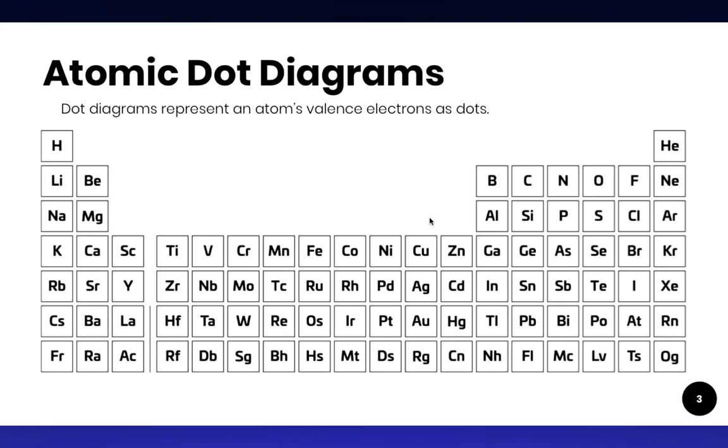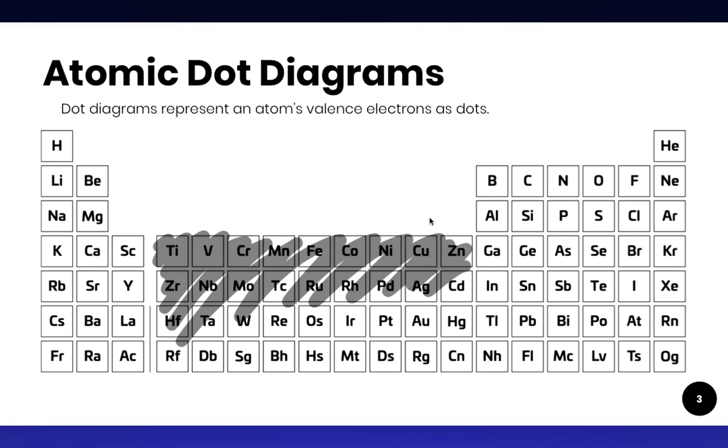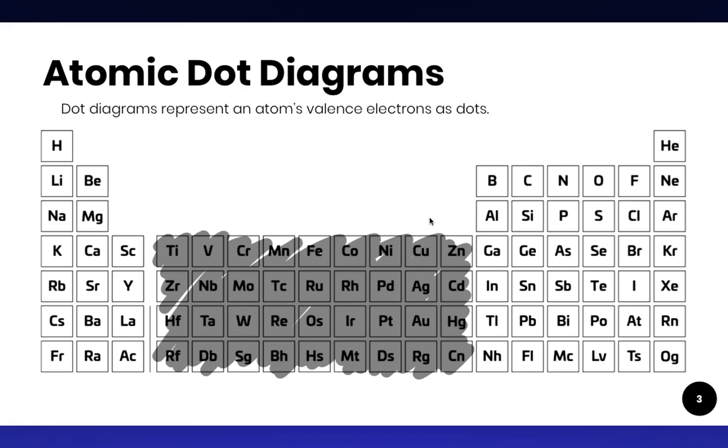Okay, so let's practice with a few more of the elements from the periodic table. I don't really want to play with the transition metals today, so let's just ignore them. I've already given you a few of the answers on the last slide, so let's fill those in as well.